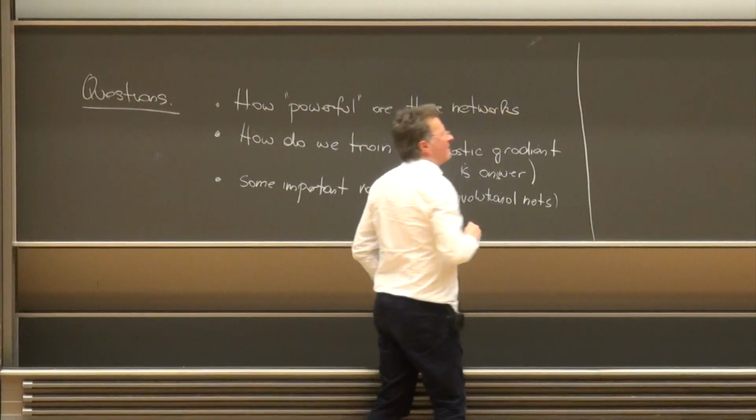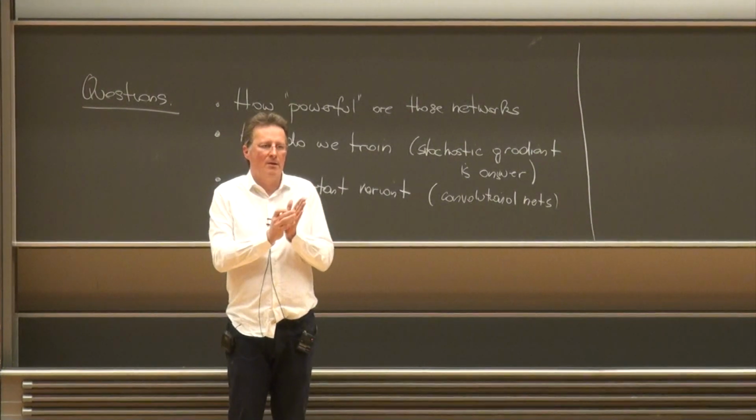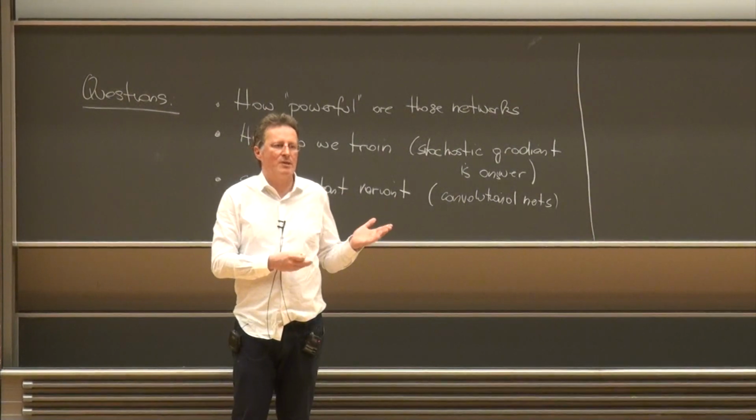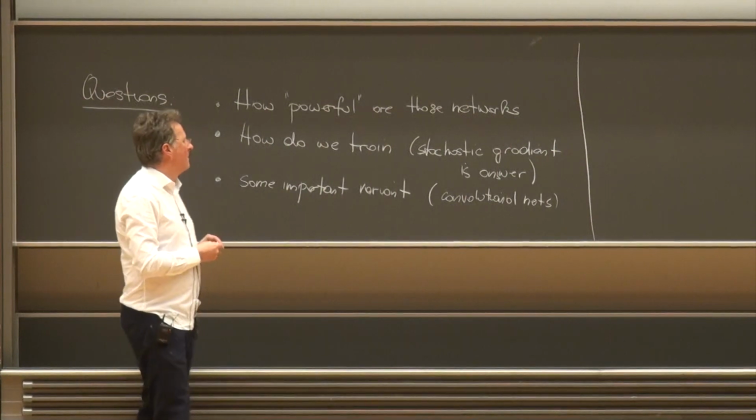Convolutional nets are something very simple. Just rather than having a fully connected graph, you have a graph with a very local kernel. People that have done signal processing will see it looks like a convolution. We'll see exactly what that means.